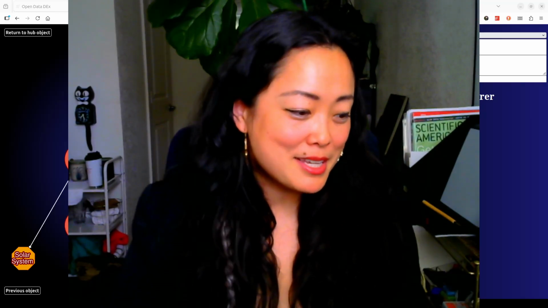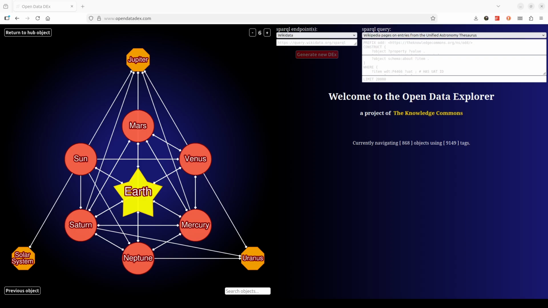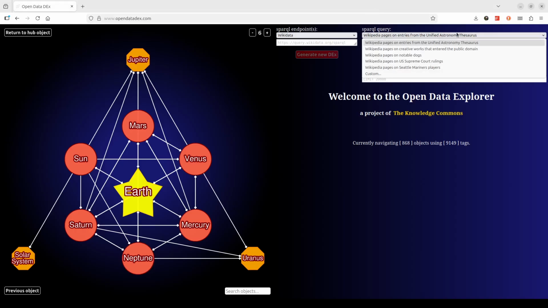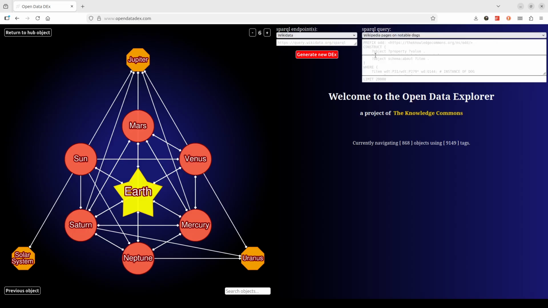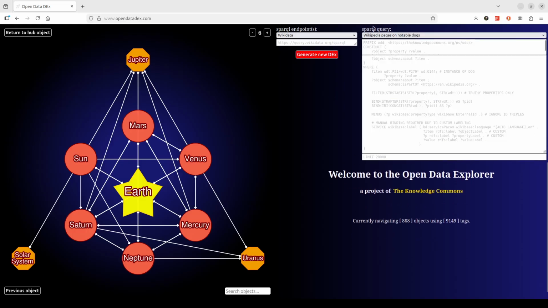The app is behind me here. So if you go to OpenDataDEx.com, this is what you'll see. It defaults to an astrology query to go along with the astrology visual theme of this. So if we go here, we can pick the pre-built SPARQL query, Wikipedia pages on notable dogs. You can see the full SPARQL query here.